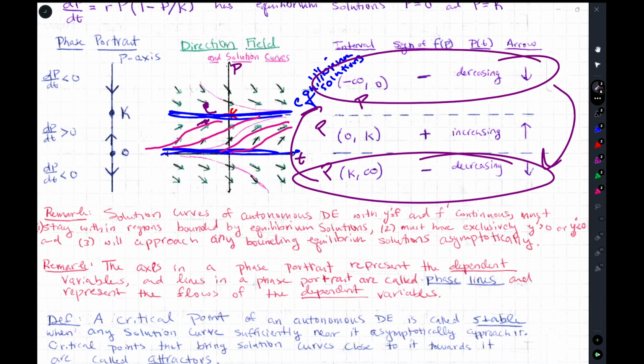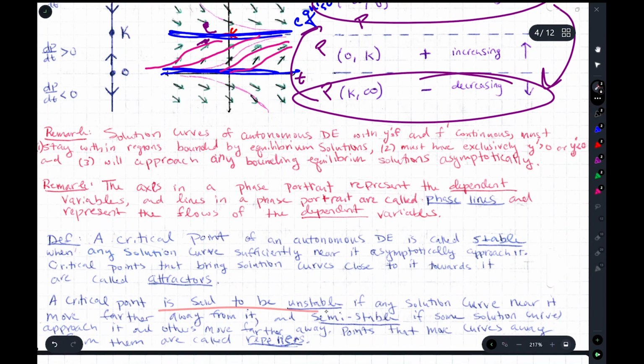What if you start with a population greater than the carrying capacity? Then it'll go down to the carrying capacity. If you start with a population less than the carrying capacity, it'll go up to the carrying capacity. It's stable.